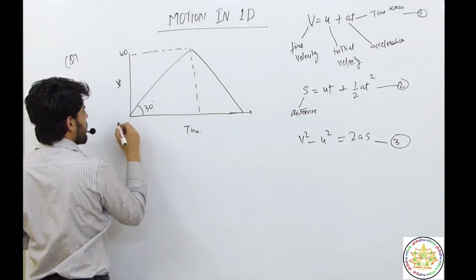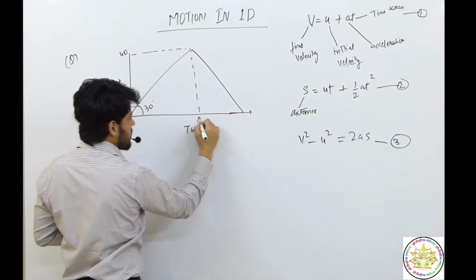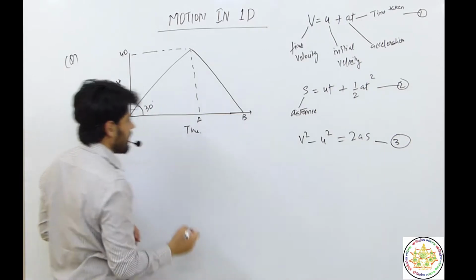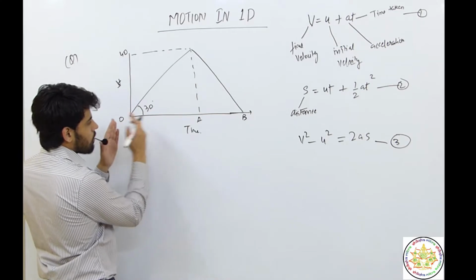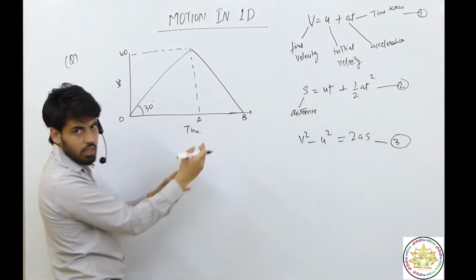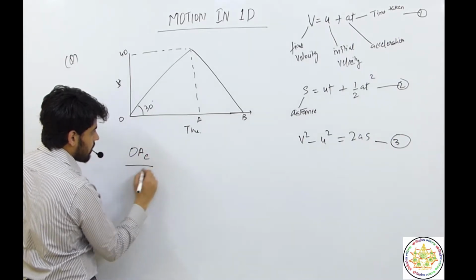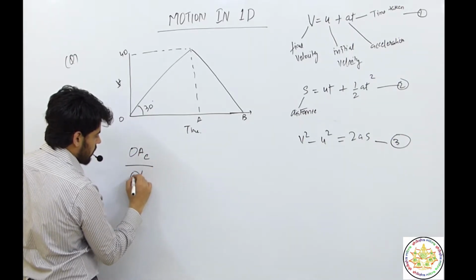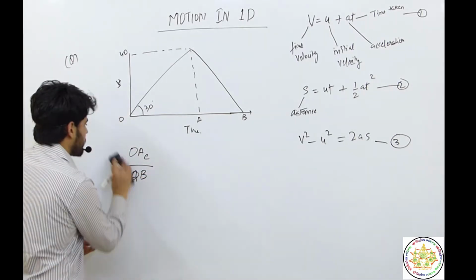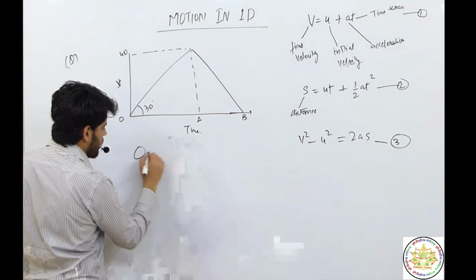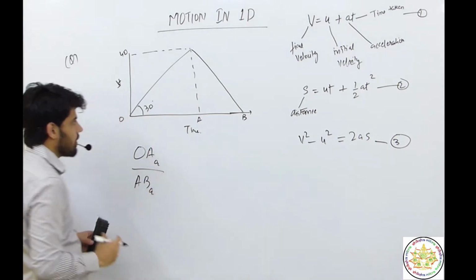Velocity is given as 40. Initial velocity is 0, final velocity is 40, this is A and this is B. So the examiner is asking what is the acceleration from 0 to A and from A to B. You have to find OA acceleration by AB acceleration.